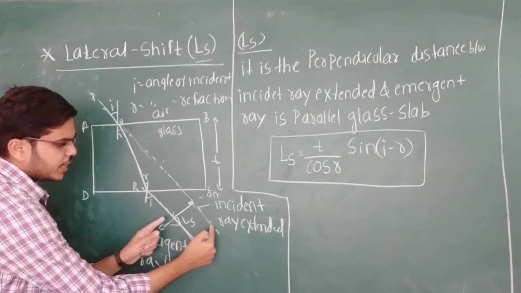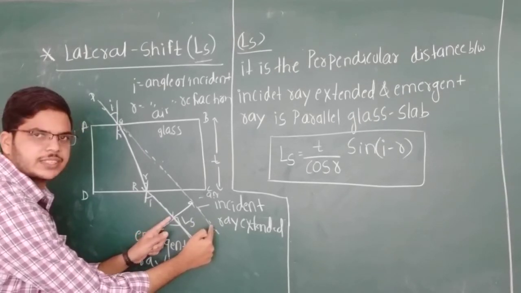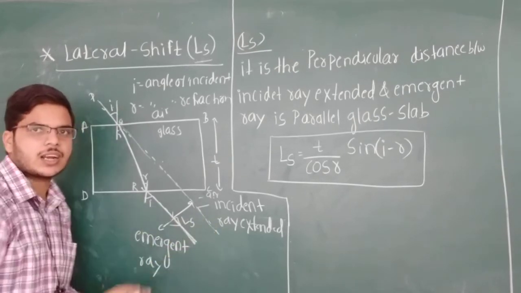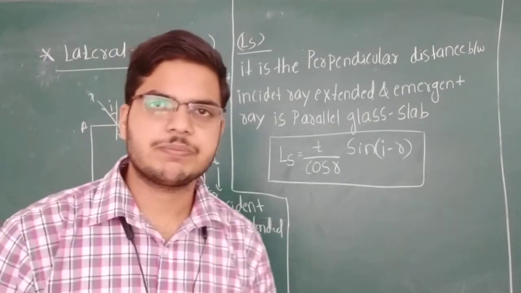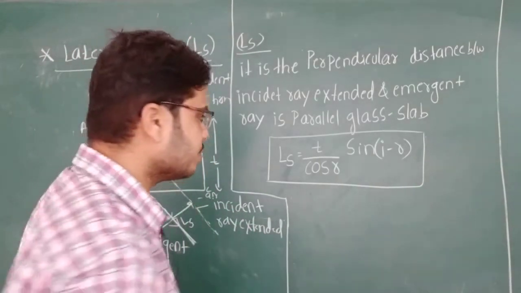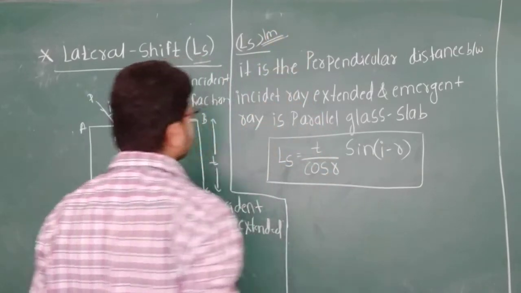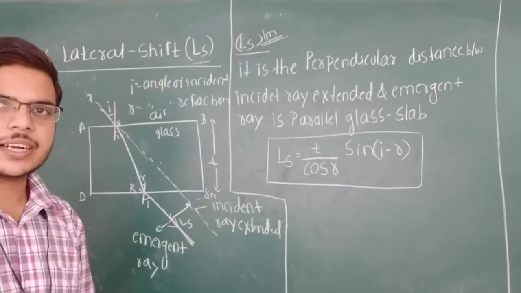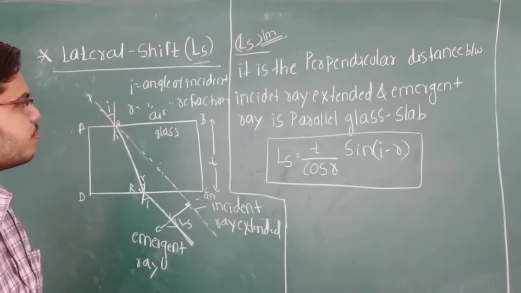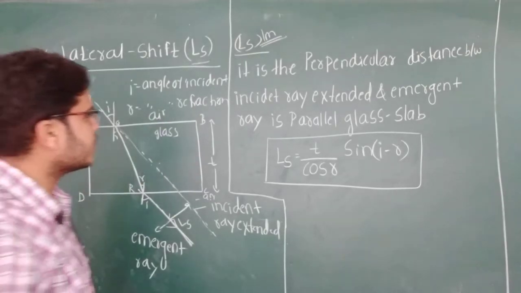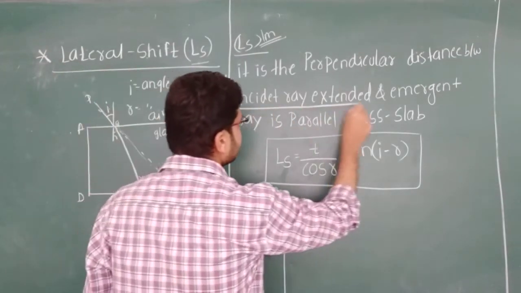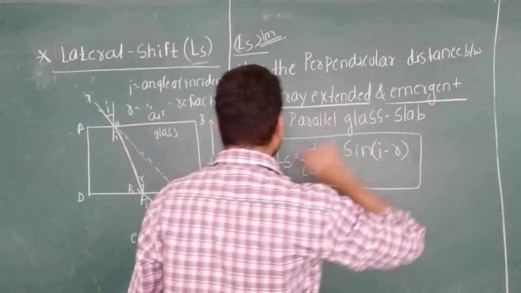The distance between the incident ray extended and the emergent ray is called lateral shift. This is one more very important question. Now how do you define lateral shift? It is the perpendicular distance between the incident ray extended and the emergent ray.